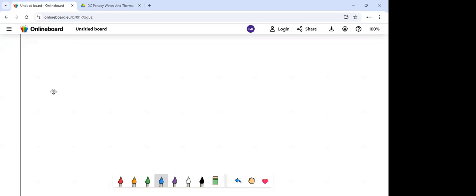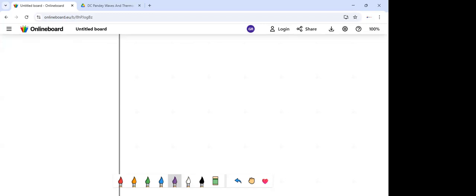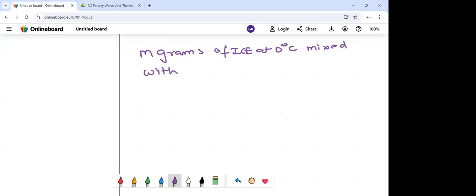Now, I'm going to slightly raise the level. Till now, things we have discussed were important, but not that difficult. Suppose m gram of ice at 0 degree is mixed with 2 kg of water at 40 degrees Celsius.